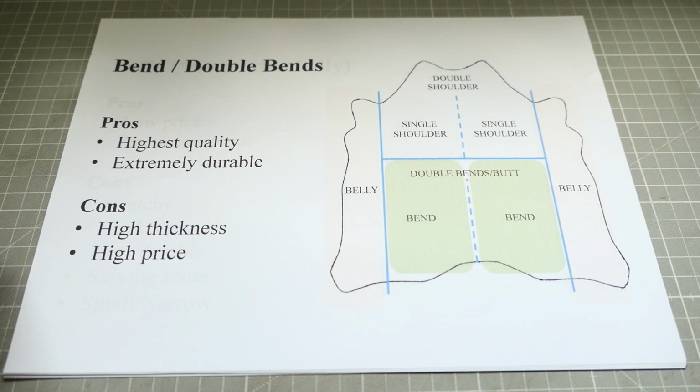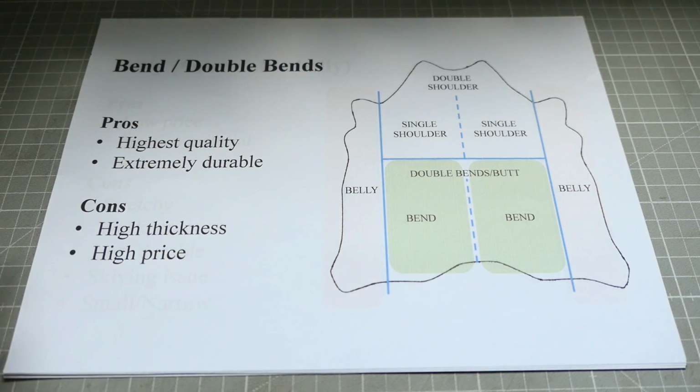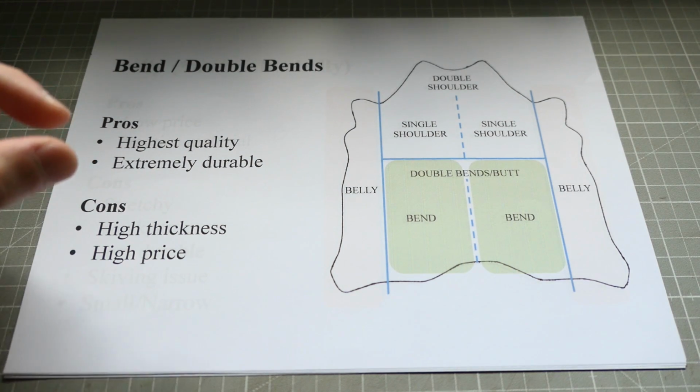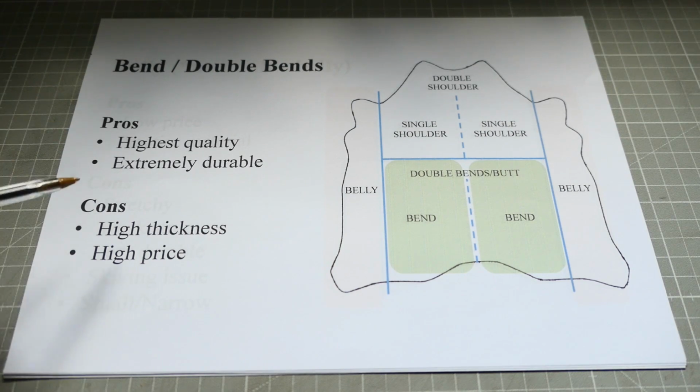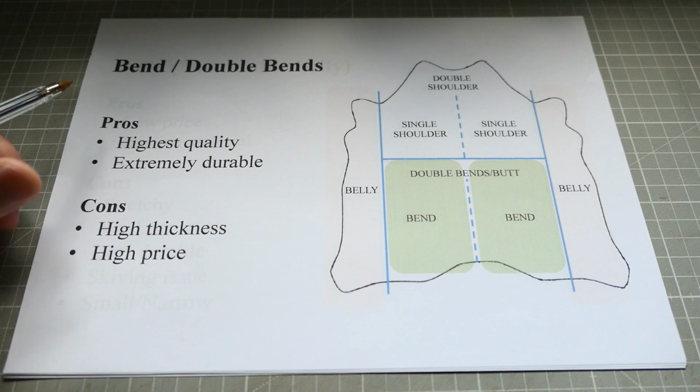Sometimes it comes too thick. A lot of bends have really dense fiber, and tanners also want to keep some of that density because it can be used in cords or bridles, or in different applications, with such thick, dense leather. Because of that, they come very thick, we're talking 4 or 5 millimeters.